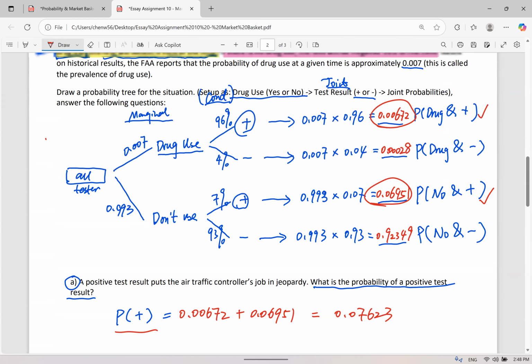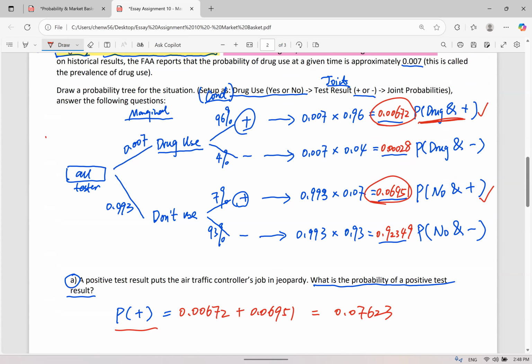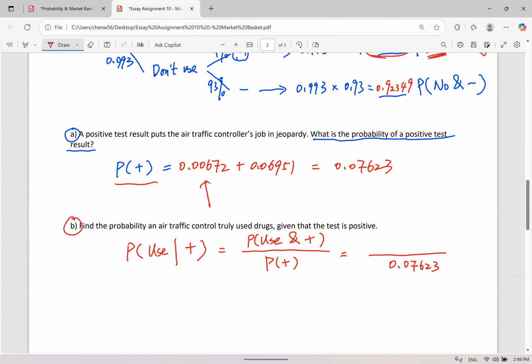We say from the tree, this is really using the drug. This is no drug, right? So that means this is truly about using the drug. So that would be 0.00672. And then if you calculate that, it will be 0.088. Got it?